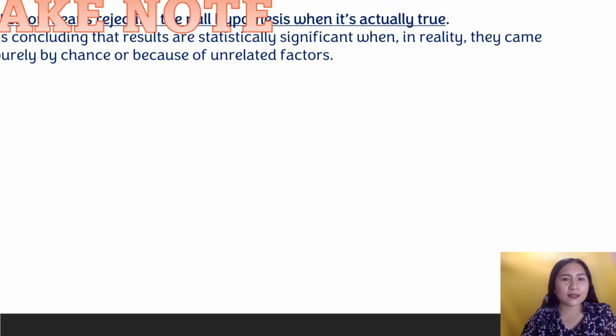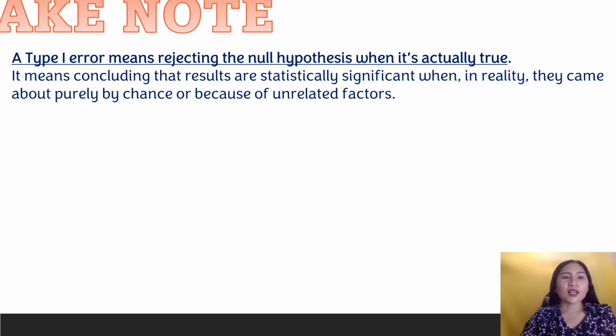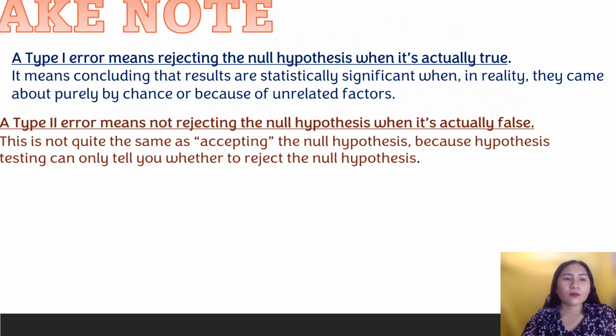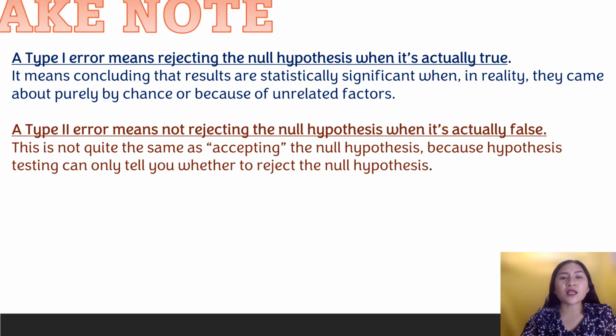Okay, take note, class. A type 1 error means rejecting the null hypothesis when it's actually true. It means concluding that results are statistically significant when in reality they came about purely by chance or because of unrelated factors. A type 2 error means not rejecting the null hypothesis when it's actually false.